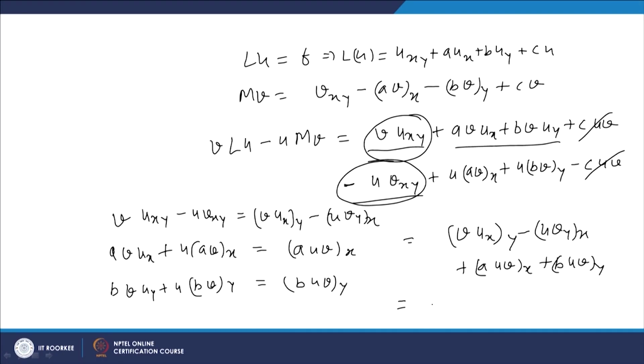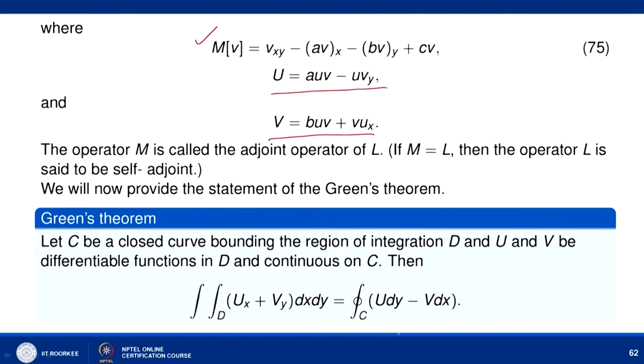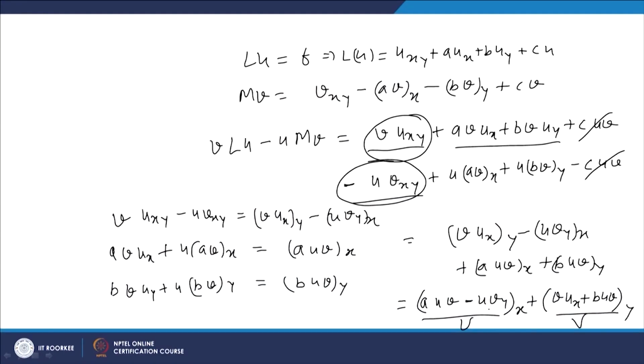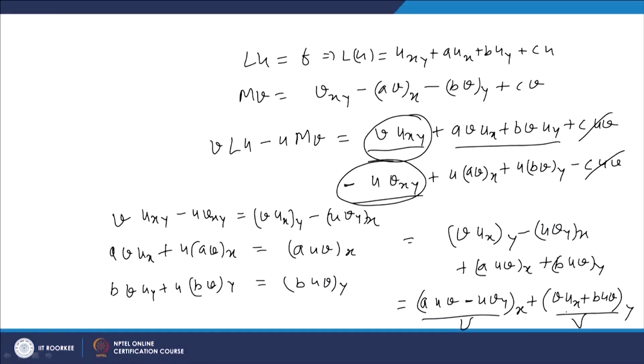So, now let us collect here: a u v minus u v_y derived with respect to x, plus v u_x plus b u v, y. So, call this quantity as u and this quantity as v. So, look at here, what is your u? So, u is a u v minus u v_y, and v is b u v plus v u_x.